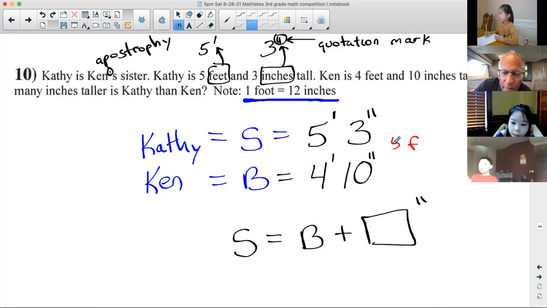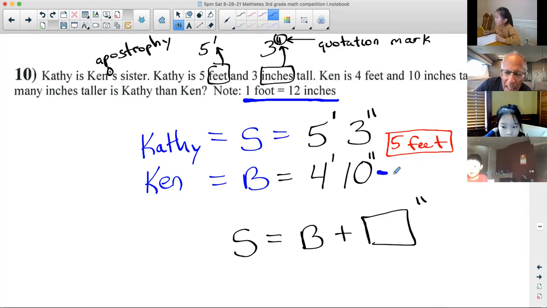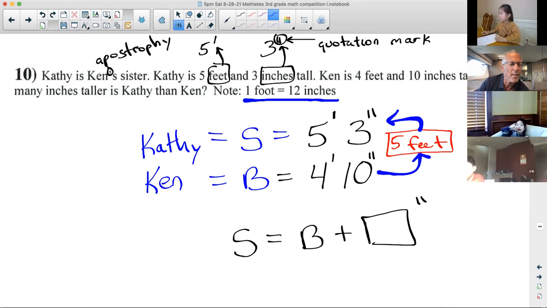I'm going to put 5 feet right in the middle because I'm thinking how many inches to get to 5 feet from 4 feet, 10 inches, and how many inches to get to 5 feet, 3 inches. And then we can add them together. It's kind of like a funny subtraction problem. Who thinks they know?